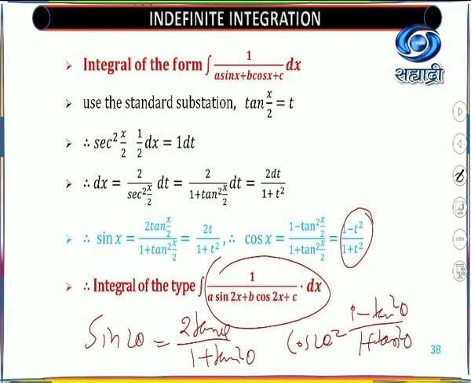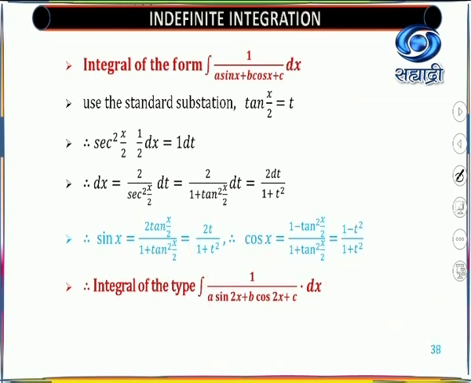That means you are not supposed to use the half angle formula, but still you get the same values, 2t upon 1 plus t square and 1 minus t square upon 1 plus t square. For both types of integral you get the same substitution, so remember this substitution by heart because you are using it again and again.